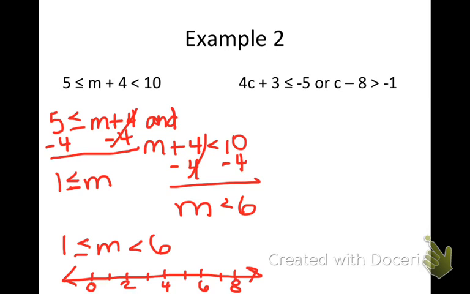So we would have a closed circle at 1 and m is greater than or equal to 1, and an open circle at 6 and all the numbers between 1 and 6.